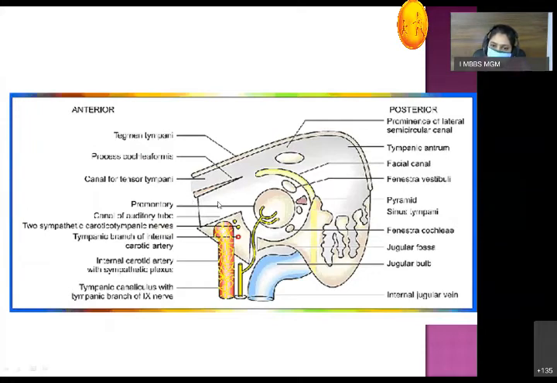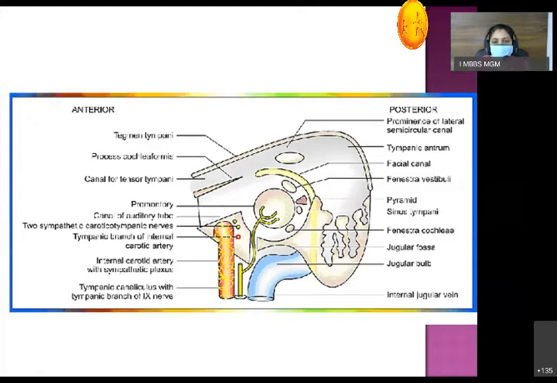It separates the two canals in the upper part, that is the auditory tube and the canal for the tensor tympani. So this is clear, the anterior structures.